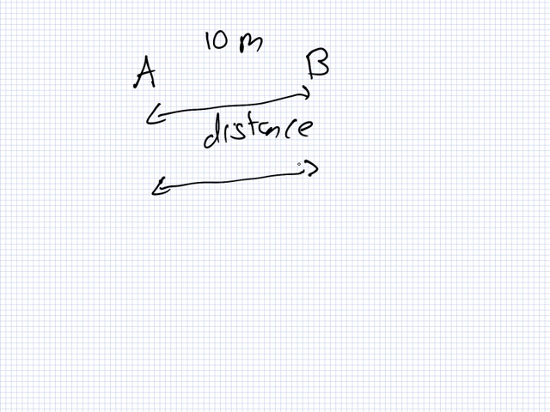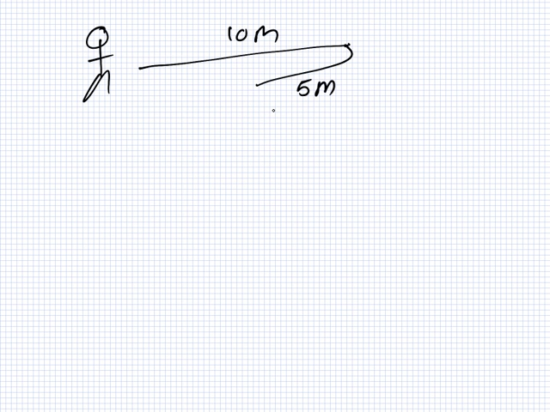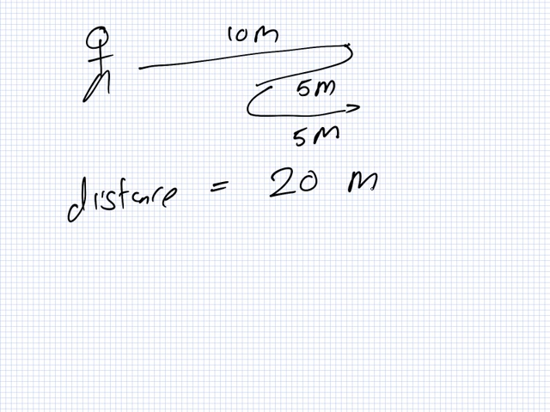So it seems like it's nearly the same, but let me give you an example of when it's different. So for example, if we have a man here, and let's say he walks 10 meters this way, 5 meters this way, and then 5 meters back this way. So in total, his distance travelled is 20 meters.